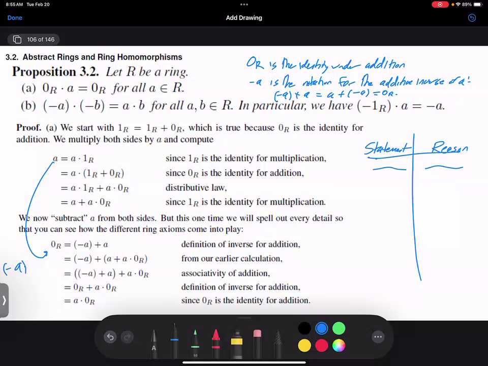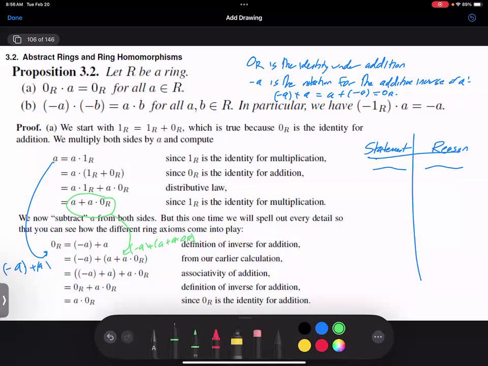Negative a plus a is coming from that. And then this part over here is coming into this line as negative a plus a times 0_R. That's where these two lines are coming from. Okay, so 0 is equal to what happens when we add negative a to this, negative a plus this.